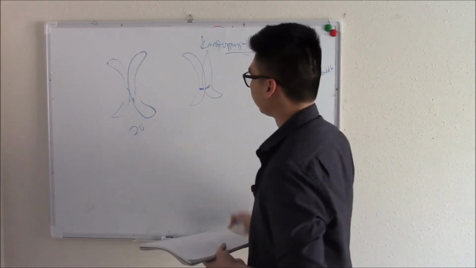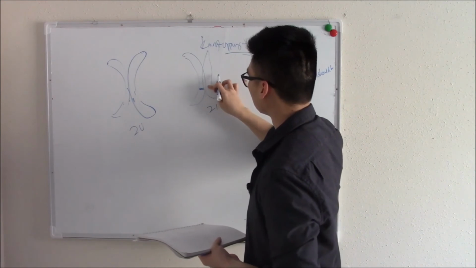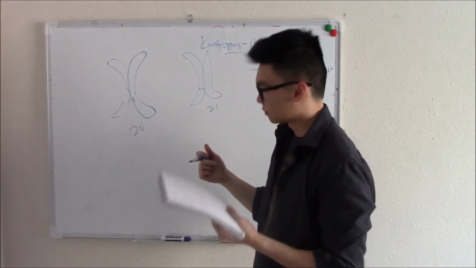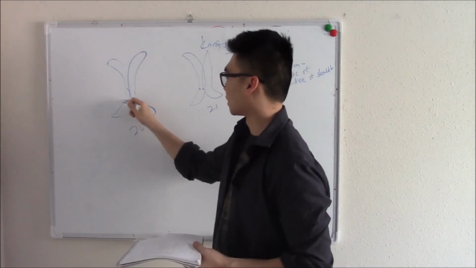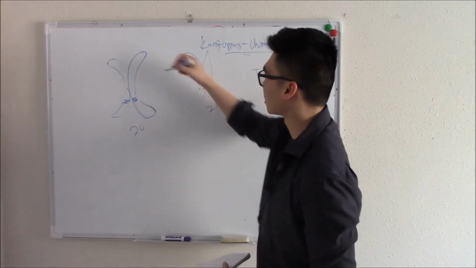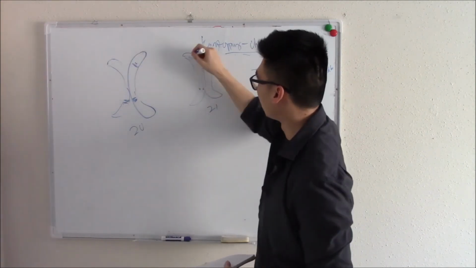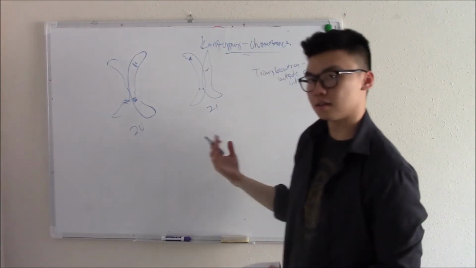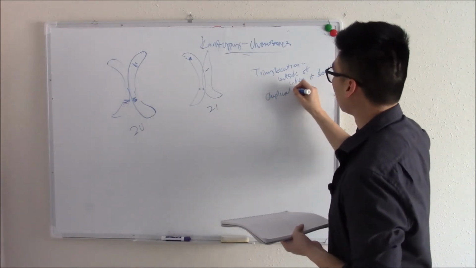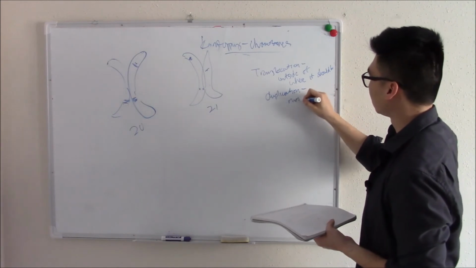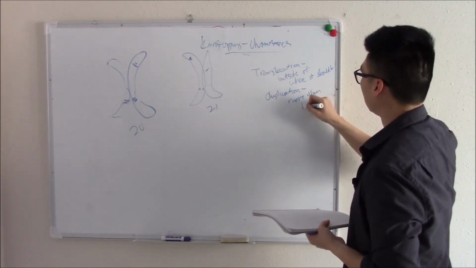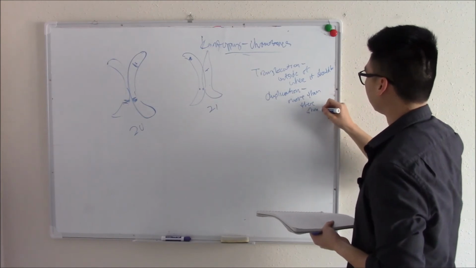Another problem, what if we, again, are looking for this, and we see this, which is great, but we also see one up here, maybe one over here, maybe one over here. That is called duplication, or more than there should be.